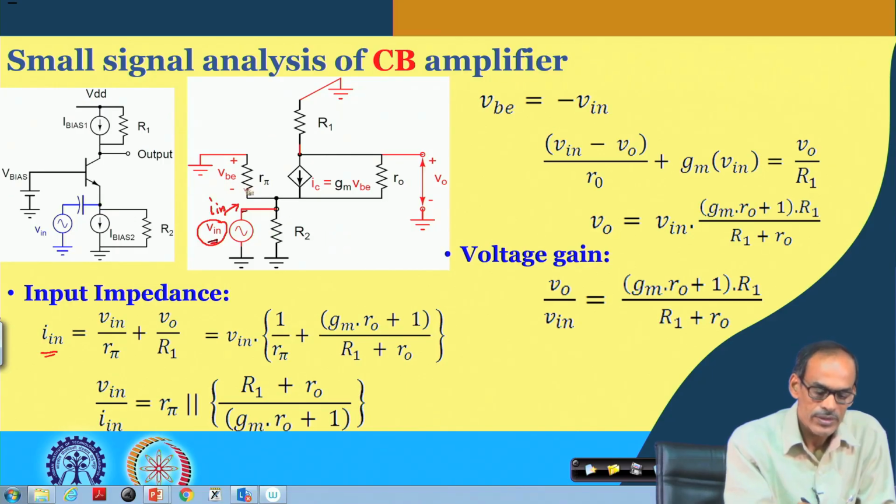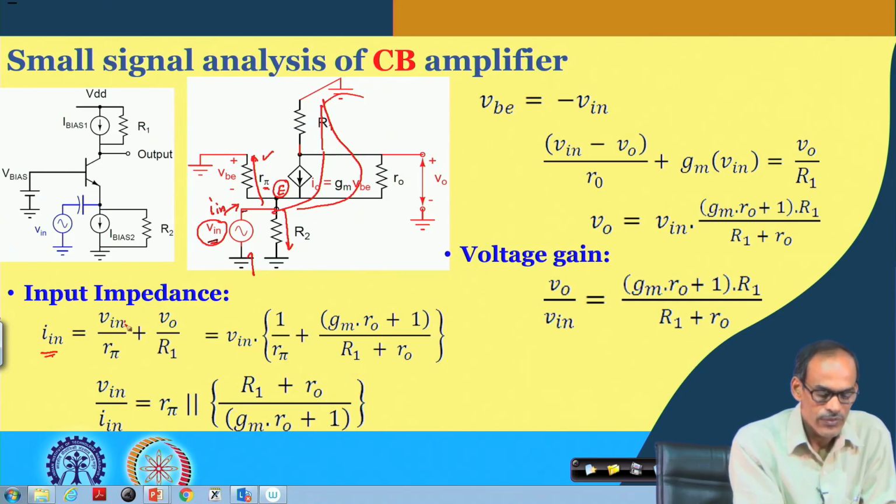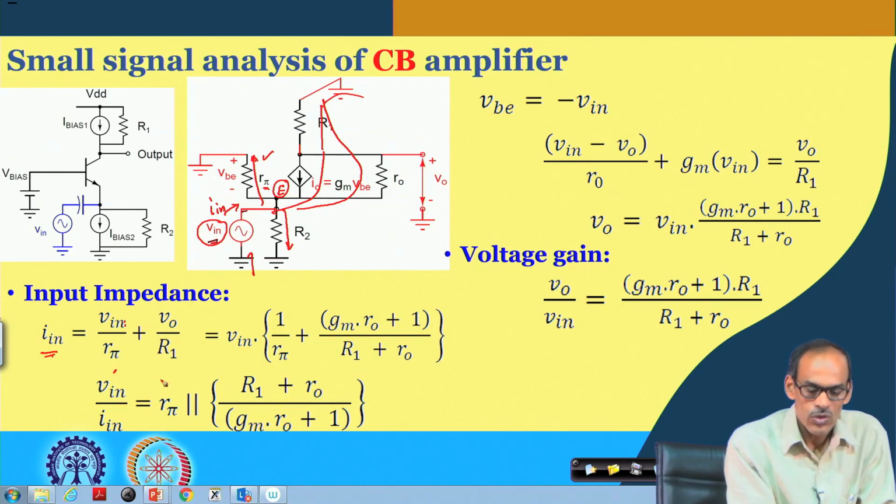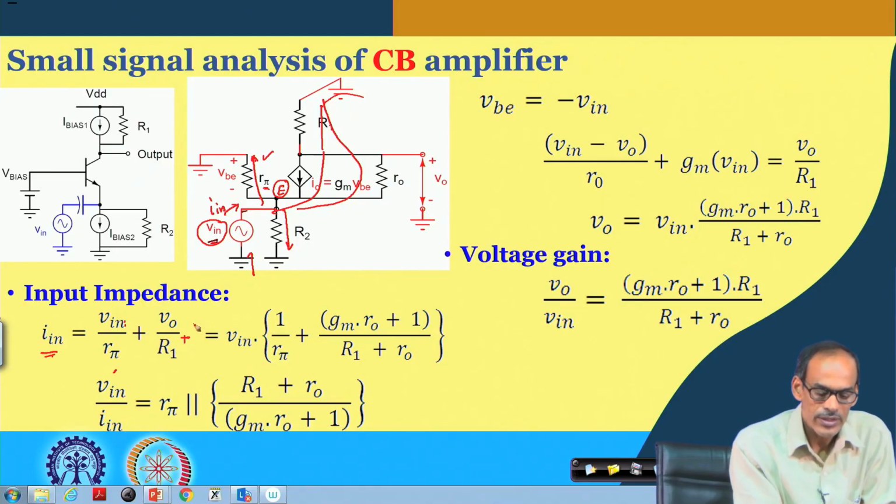One is this current, another one is this current, and the other part finally goes to the ground and then comes back. The first part of I in is V in divided by R pi, since the voltage at the emitter node is V in here. Likewise, the second part is V in divided by R 2.